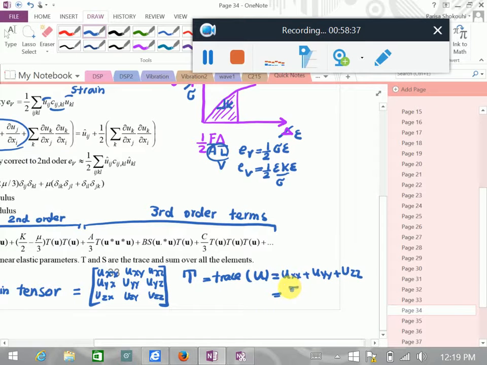If you want to use a fancy notation, something like that. And S is the summation over all elements. And the point is the dot product.